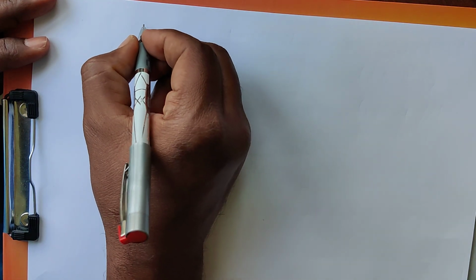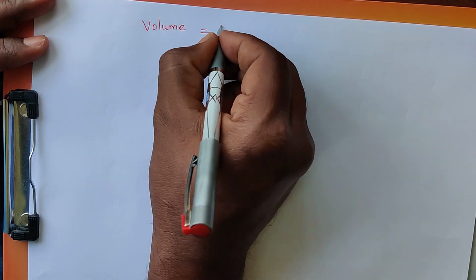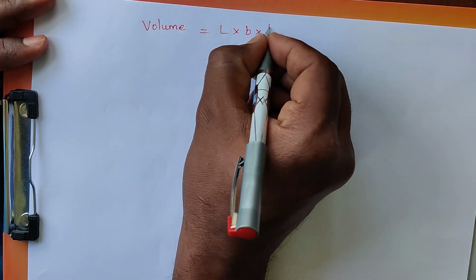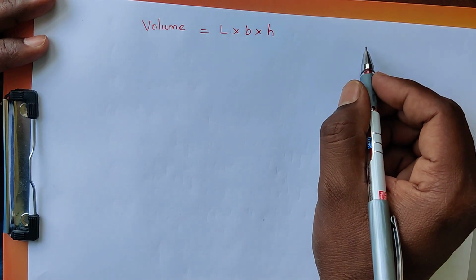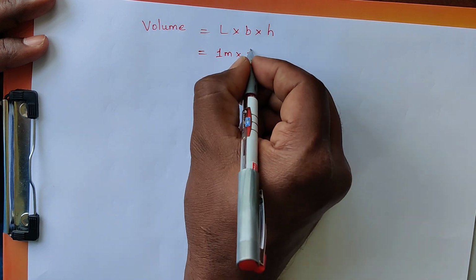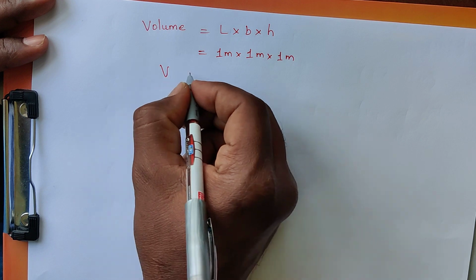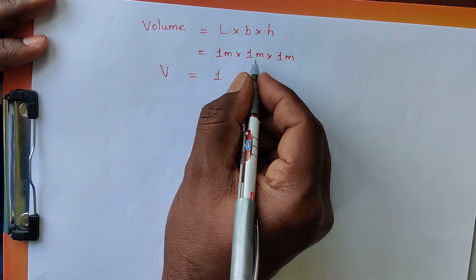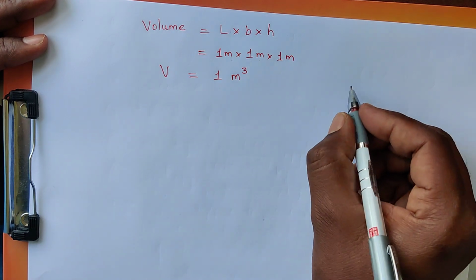Dear students, I would like to explain some more examples. Here, volume. Volume of a cube is length into breadth into height. Let us take a cube with a length of 1 meter, breadth 1 meter and height 1 meter. So the volume of the cube is 1 meter into meter into meter, that is 1 meter cube.